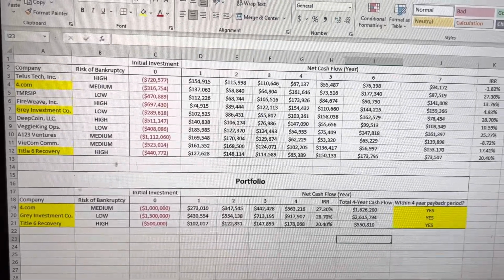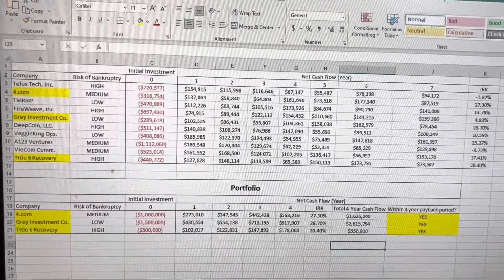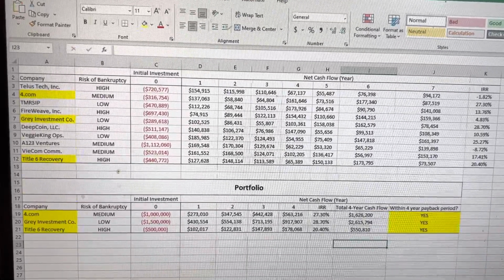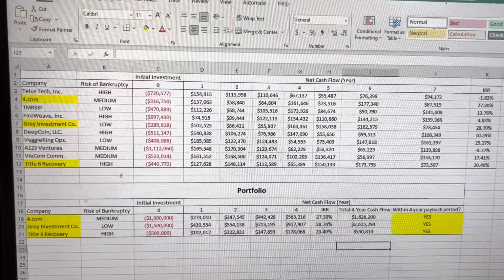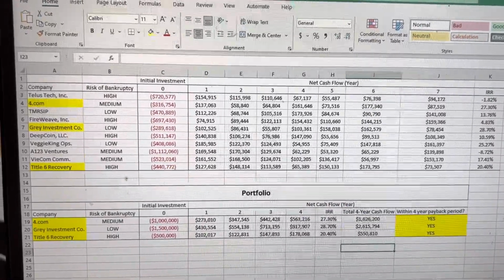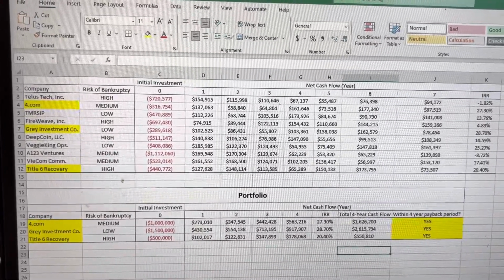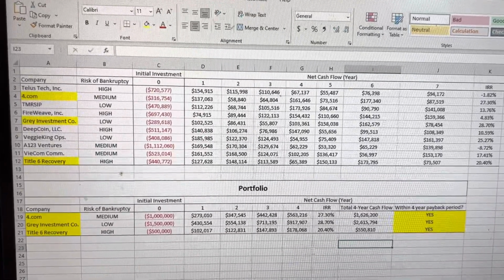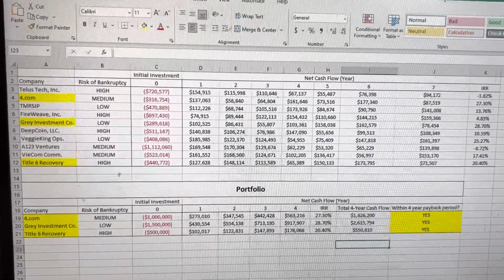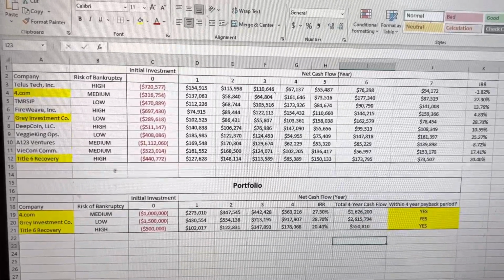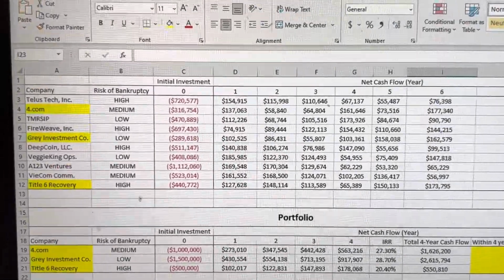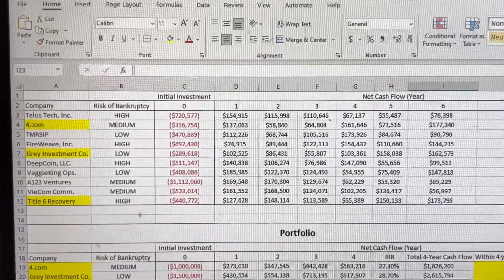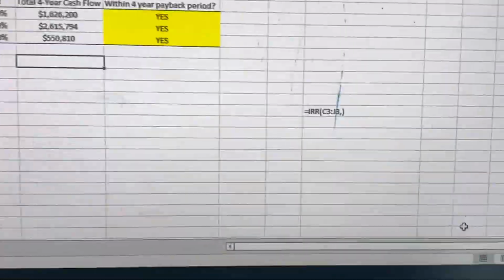So, to calculate the 7-year internal rate of return, what I did was I simply used the IRR function within Excel. To use the function on the project data file, what you do is you input the initial investment followed by the net cash flow for the 7 years. For example, for the internal rate of return for Telestech Inc., the formula is written down here.